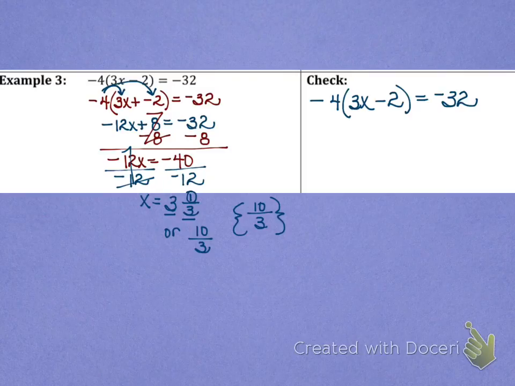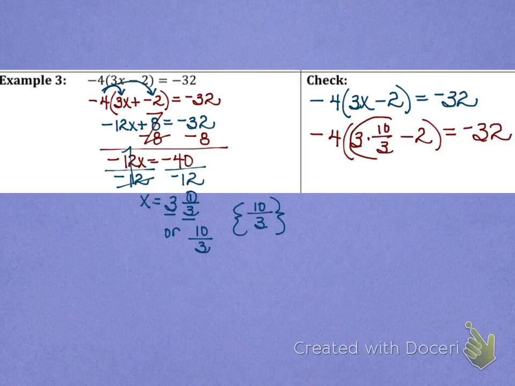I've got my original, negative 4 times, in parentheses, 3x minus 2 equal to negative 32. Now what I'm going to do is plug in the 10/3 that I got for x. So 10 over 3 minus the 2 equals negative 32. The cool thing about this is the multiplication here is going to balance out, because 3 times 10 over 3 is just 10.